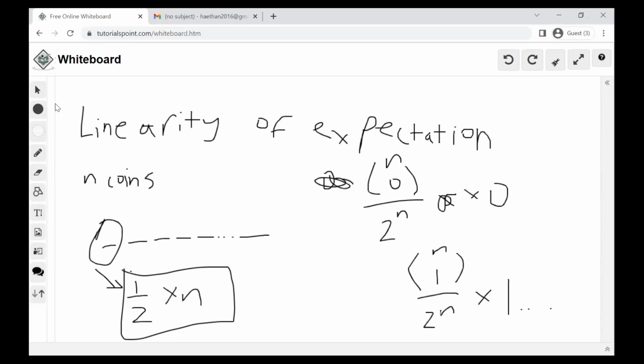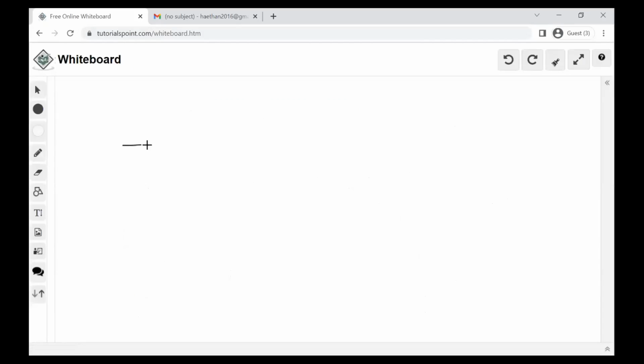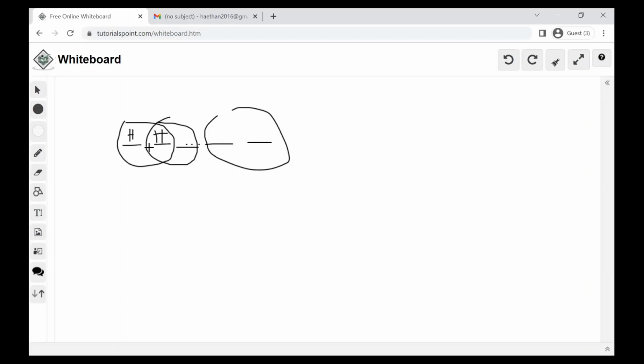Let's say we're given n coin flips, and we want to find the expected number of pairs of consecutive flips that are both heads, right? Now in this case, the different events, which are different consecutive pairs, are not independent anymore.